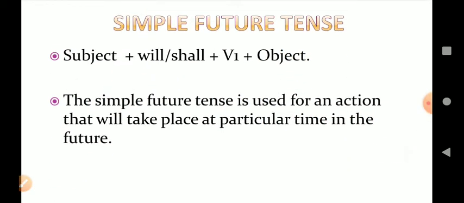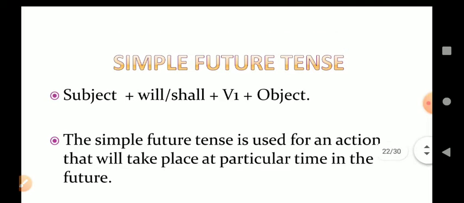Now past tense is completed, and the third type in tenses is future tense. And the first part of future tenses, with 4 subtypes, is simple future tense. It's very simple, that is used for an action that will take place at a particular time in the future. Means कोई भी action जो किसी future में किसी time पे होगा.